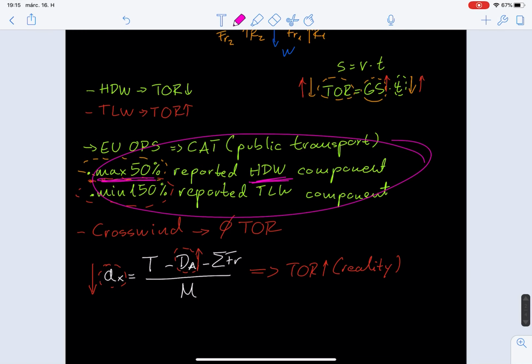So for the takeoff distance chart, the landing distance chart, the accelerate stop distance chart, all of them are going to include wind information.